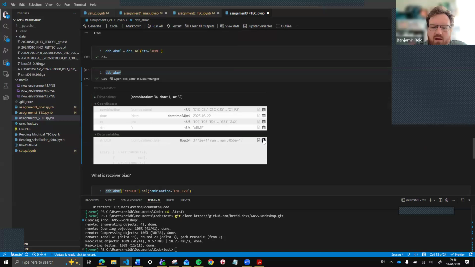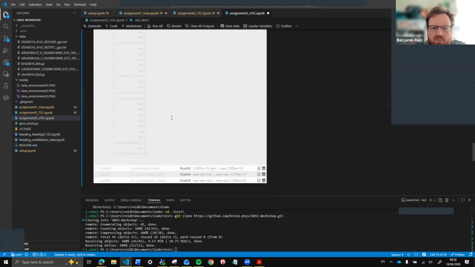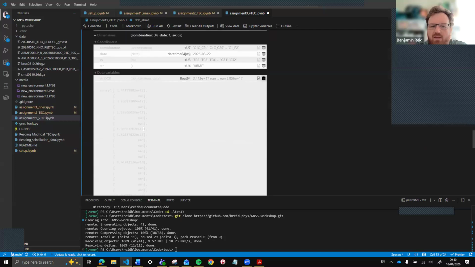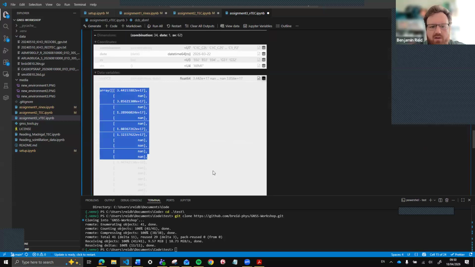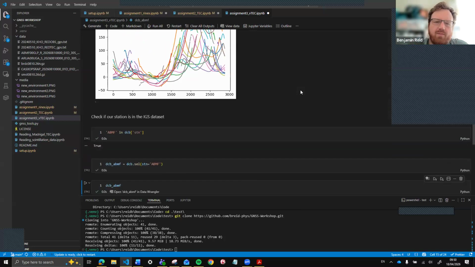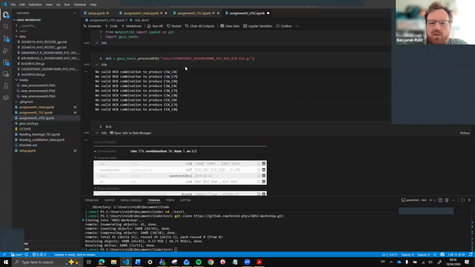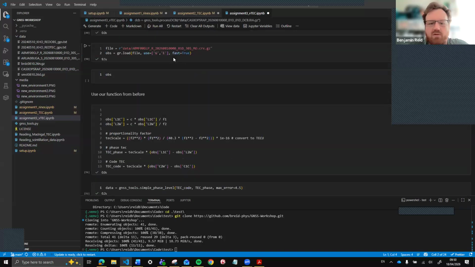We have our station DCB; we don't have all of them, but we have a whole bunch of them. These are biases that the IGS has determined for us, and specifically, this is from the Chinese Academy of Sciences. They're one of the IGS analysis centers, and this CAS at the beginning means it's from them.